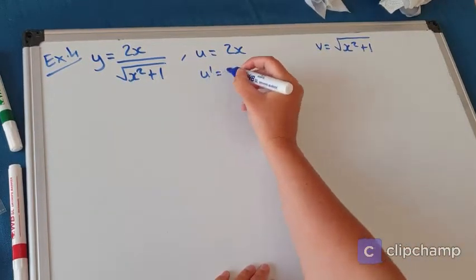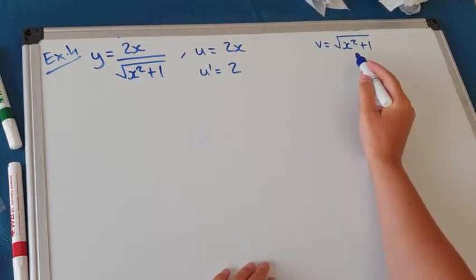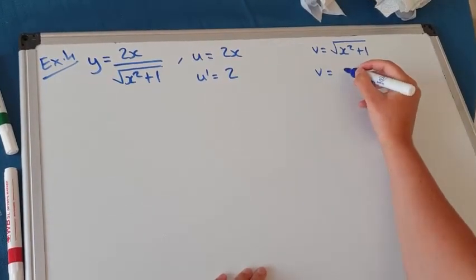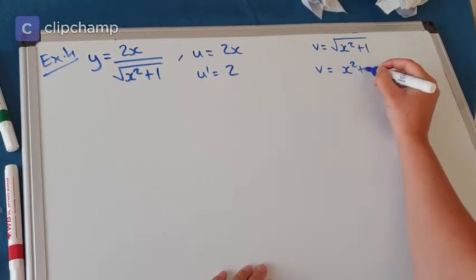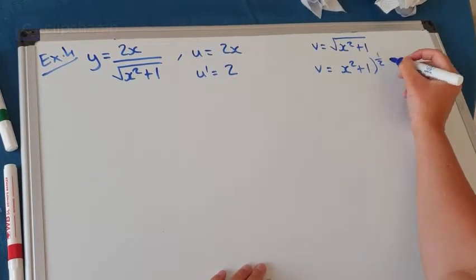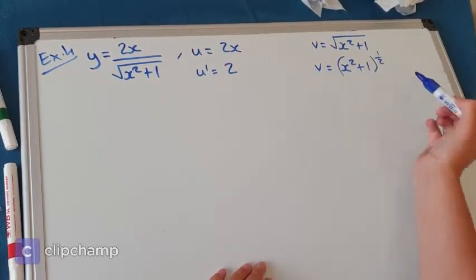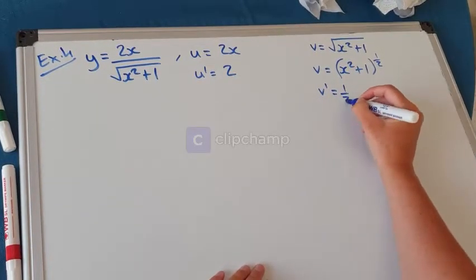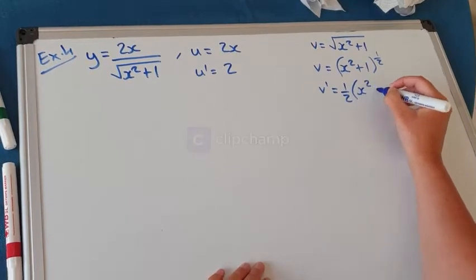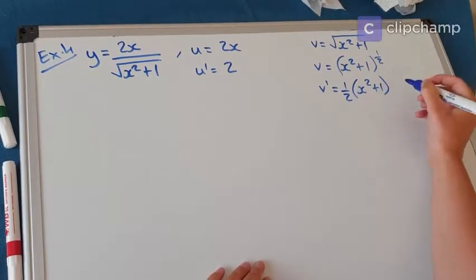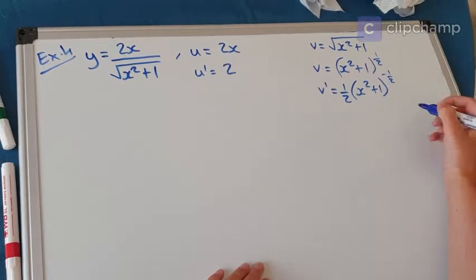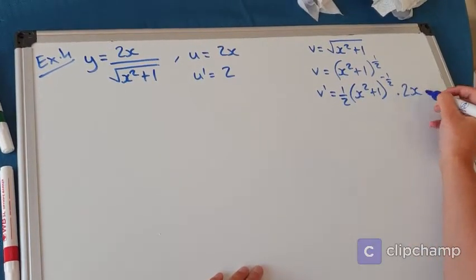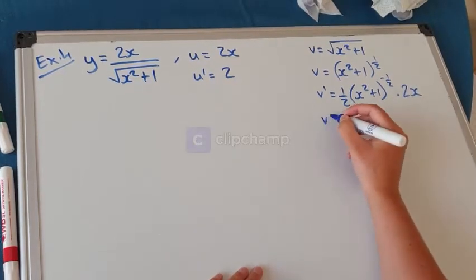u dash is nice and easy, that's just 2. I can't differentiate v in root form, so I'm going to have to change it, and instead of the square root, I'm going to put it to the power of a half. I can now differentiate that using the chain rule, so I bring my half to the front, and I subtract 1 from the power, which takes me to minus a half, and I multiply by the derivative of what's inside the bracket, which is 2x.